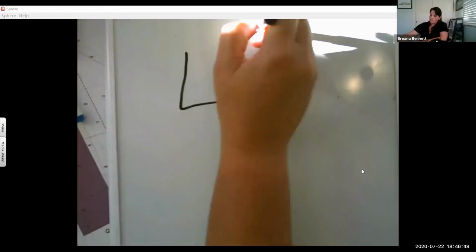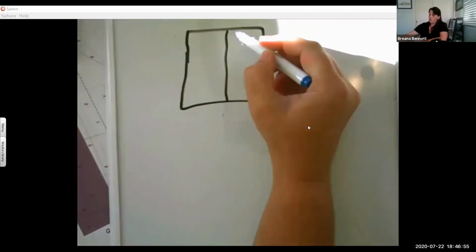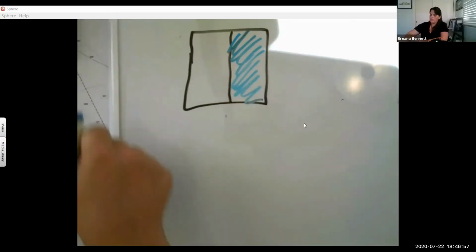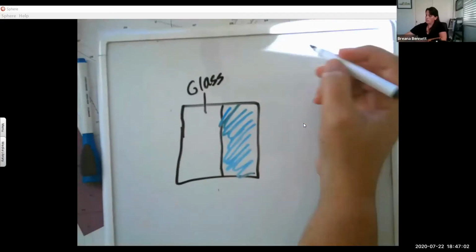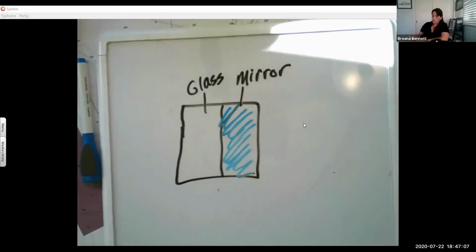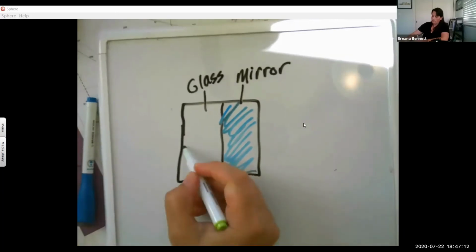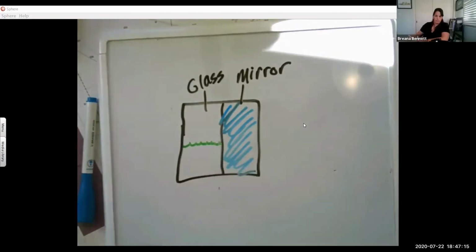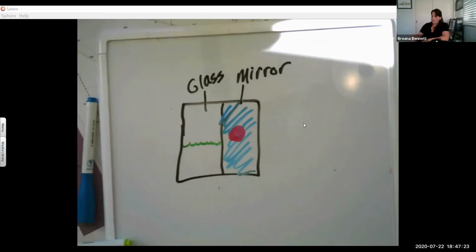So in your horizon glass, this one is a mirror, and this is glass. So this is glass, and this is the mirror. So you will see the horizon on this one, and then you will see the sun or your celestial body on that half.